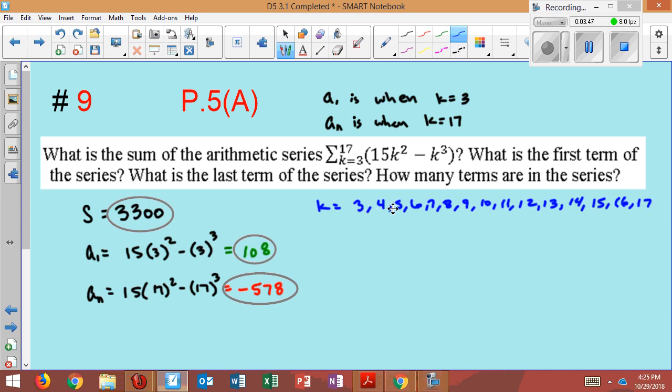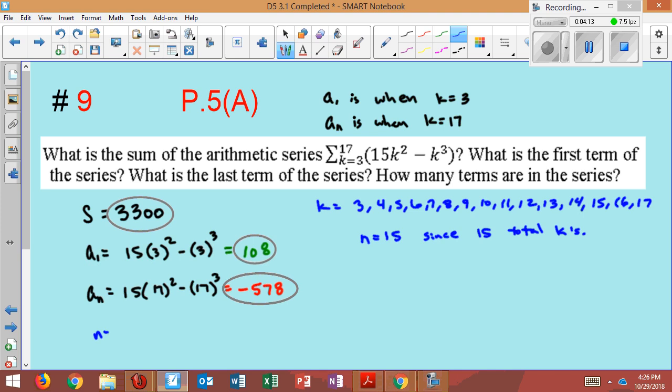If you count out 1, 2, 3, 4, 5, 6, 7, 8, 9, 10, 11, 12, 13, 14, 15. N equals 15. Since there are 15 total k's, it's 15 for n.